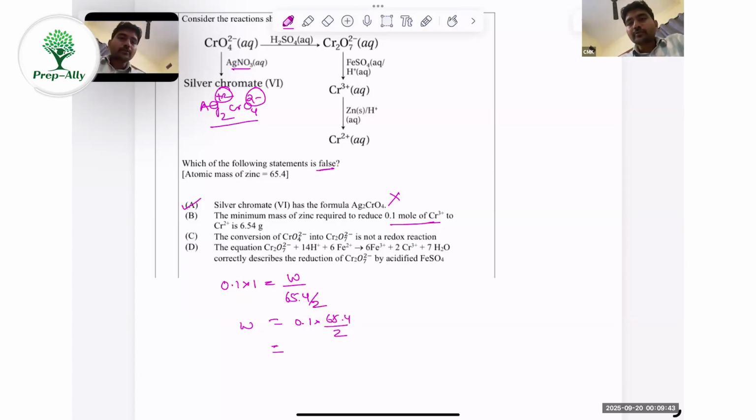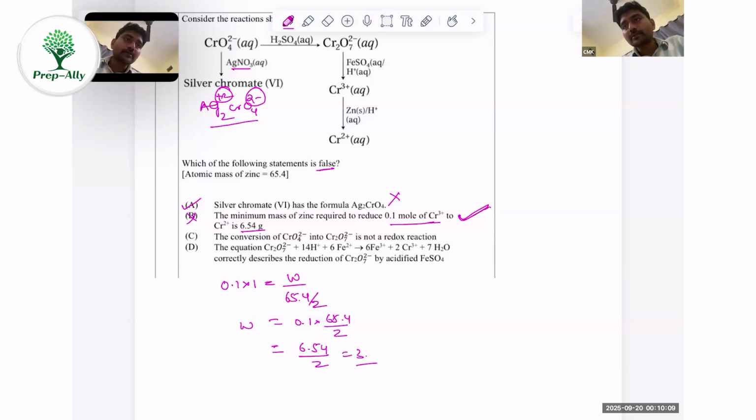That means 6.54 by 2, which gives 3.27, some value around 3, but the value given is 6.54. So this is incorrect, 6.54 is not the correct weight. So this is a false statement. So this is our answer.